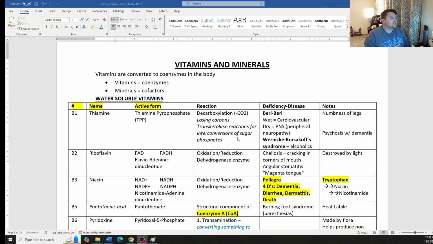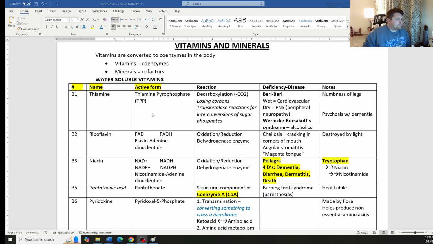So, starting with the B vitamins, this whole chart has a bunch of really good information in it that we really need to make sure that we focus in on, because you're going to get questions from all of this that pop up again in questions from physiology, in questions from pathology. So we want to make sure that we really understand these.